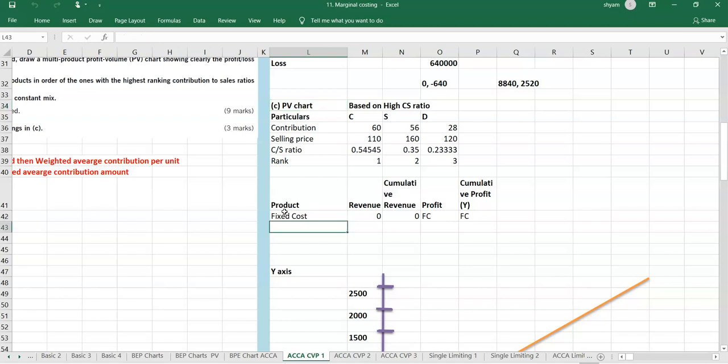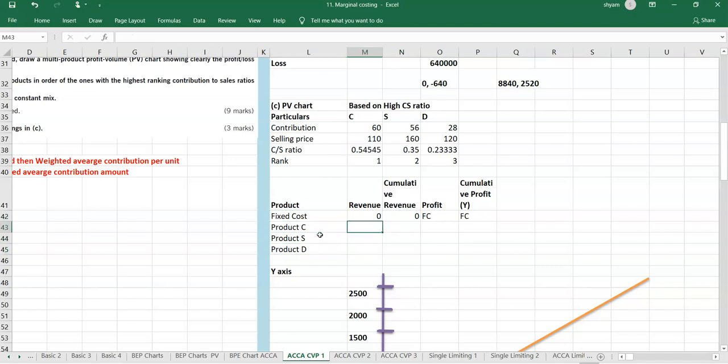Then we are going to sell the product with the highest CS ratio. So first we'll sell this product.